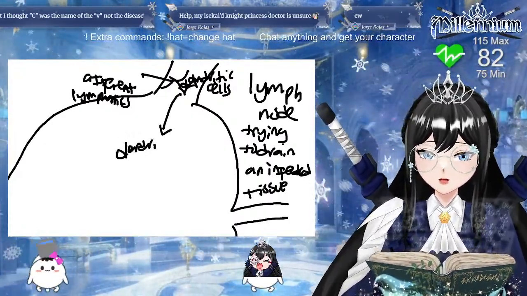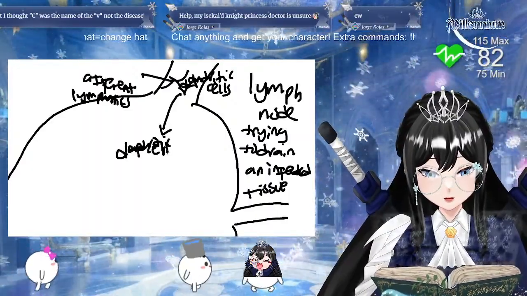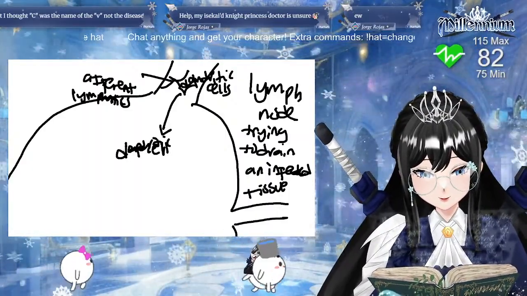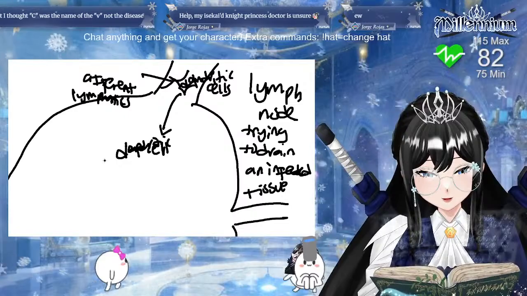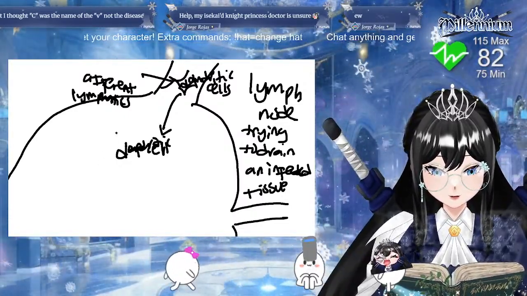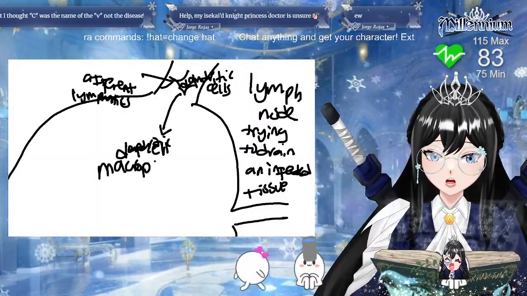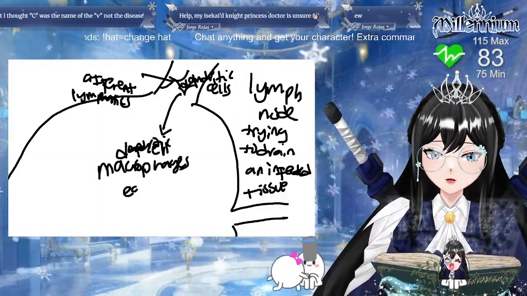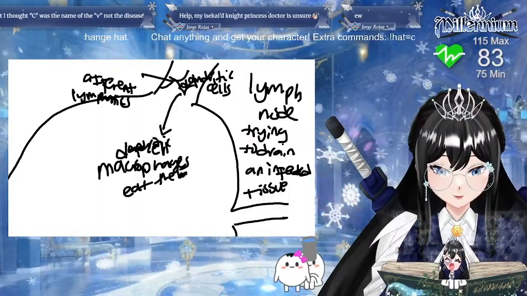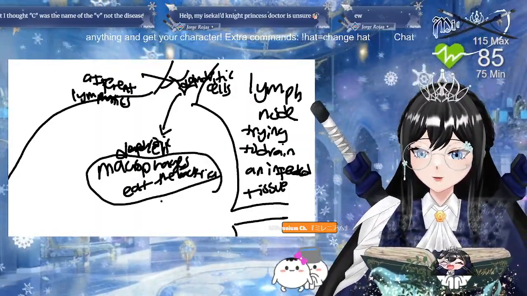The dendritic cells talk to the T cells, T cell area, where the activated helper T cells would engage the B cells and lead to the differentiation. Okay. Essentially, macrophages would, this is the important one, macrophages eat the bacteria.